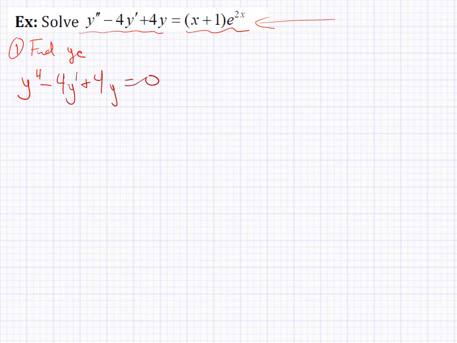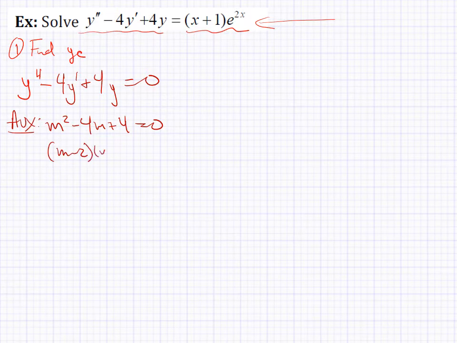So the auxiliary equation is m squared minus 4m plus 4 equals 0, which we're going to factor, so that's m minus 2 times m minus 2, in which case you just get m equals 2, but that's repeated twice, okay, so it's got multiplicity of 2.